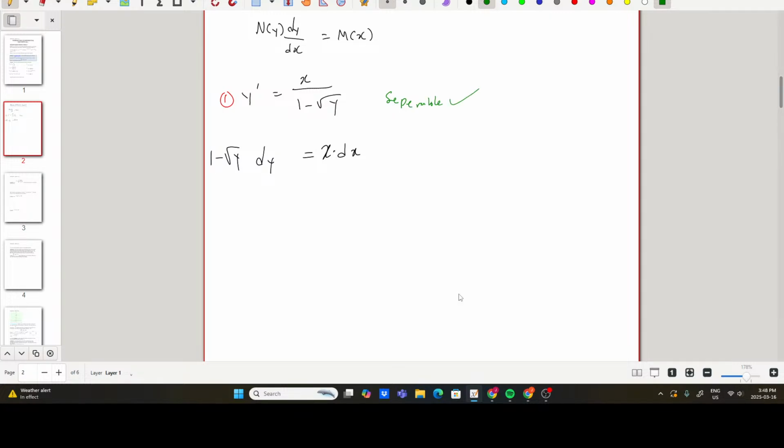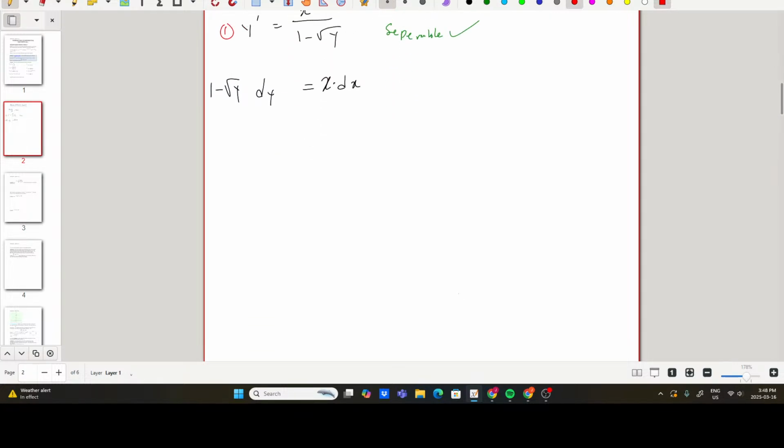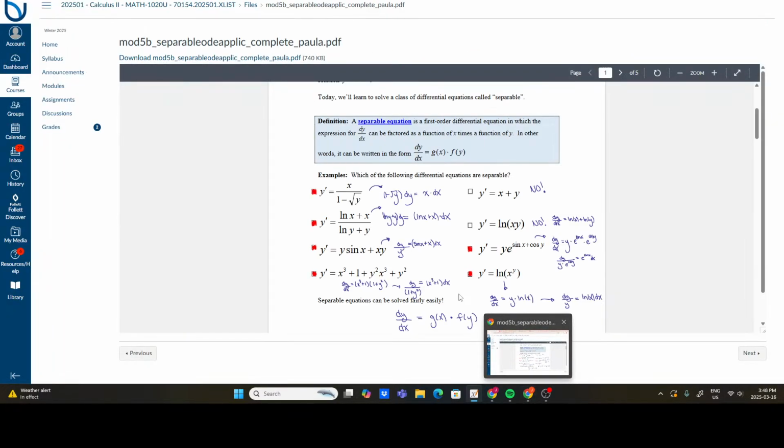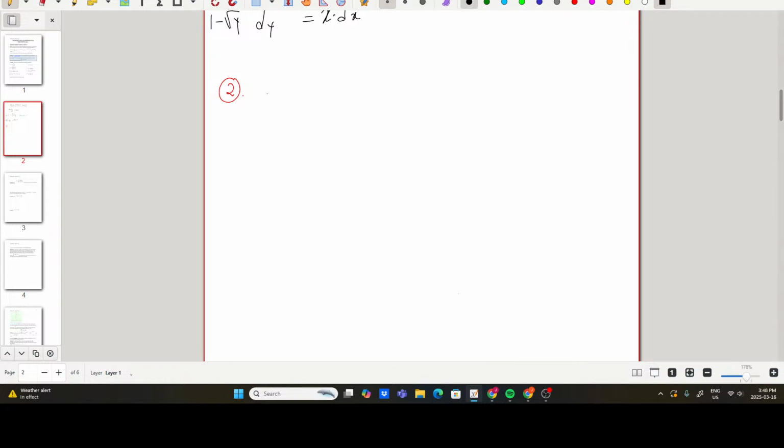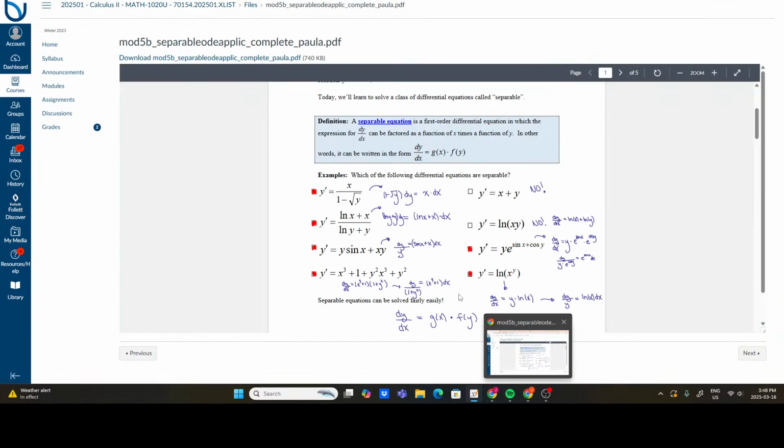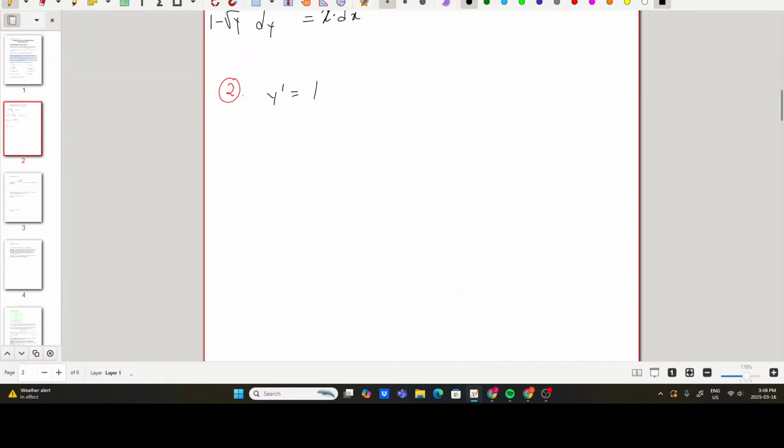Okay, next one. Let's look at question number 2. Question 2 has y prime equals the natural log of x plus x, divided by the natural log of y plus y.